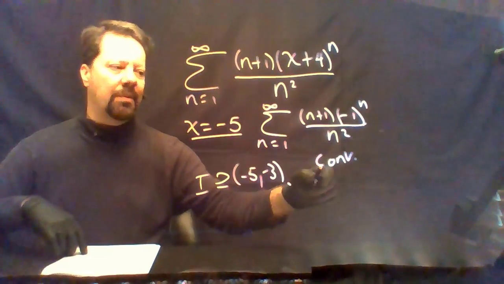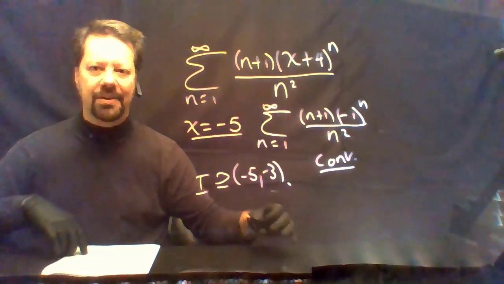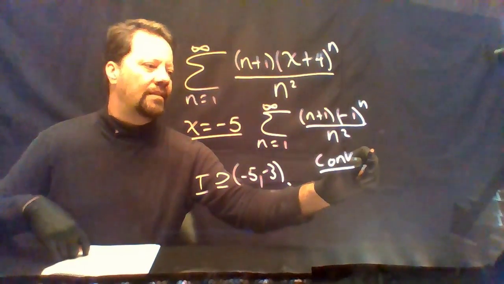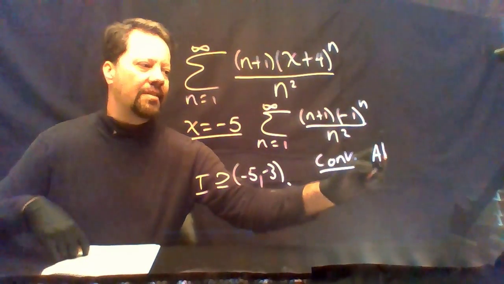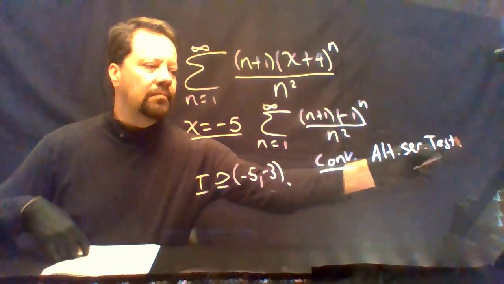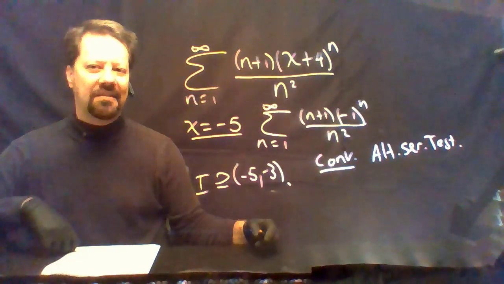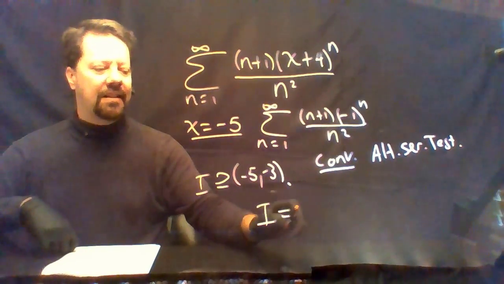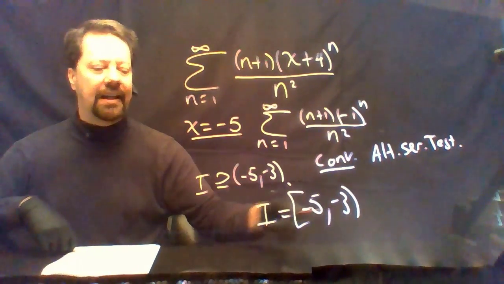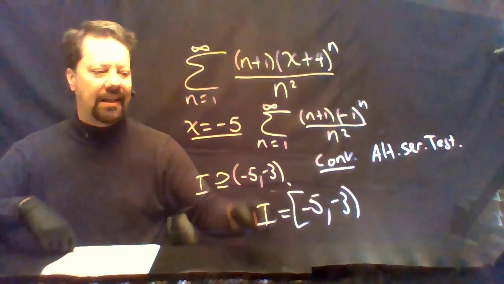Conditionally, of course, but we don't need to state that for power series. This converges by the alternating series test. I'll let you say that. It follows then that the interval of convergence is everything from -5 to -3, including -5, but not including -3.